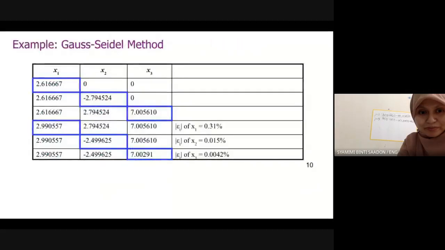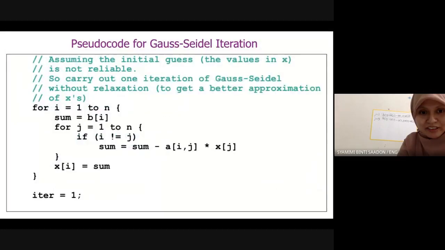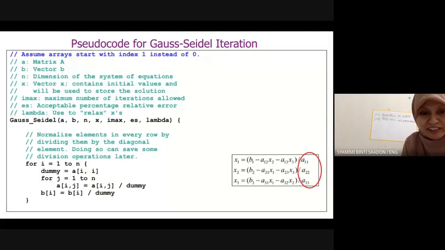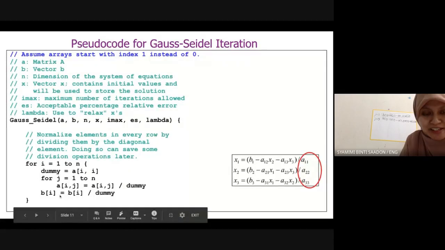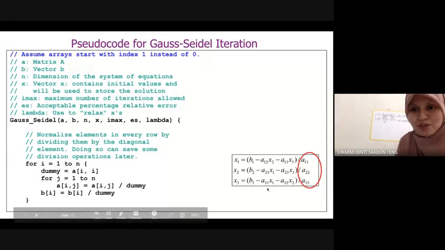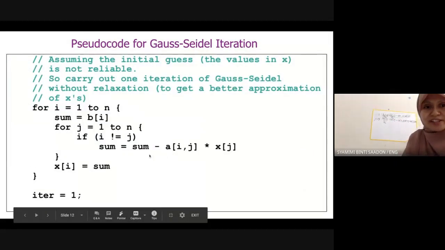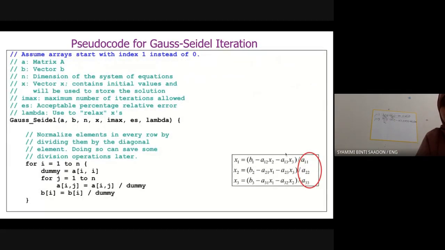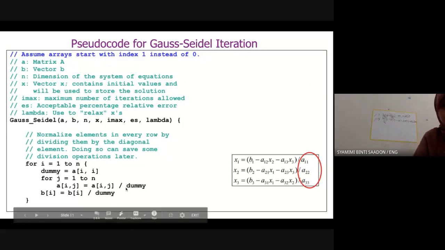Actually, B1 here, because you already divided the B1 over the diagonal element, which is A11, so this one is already divided by A11. When you get the sum, you actually already get the x1, because you already divided by A11.